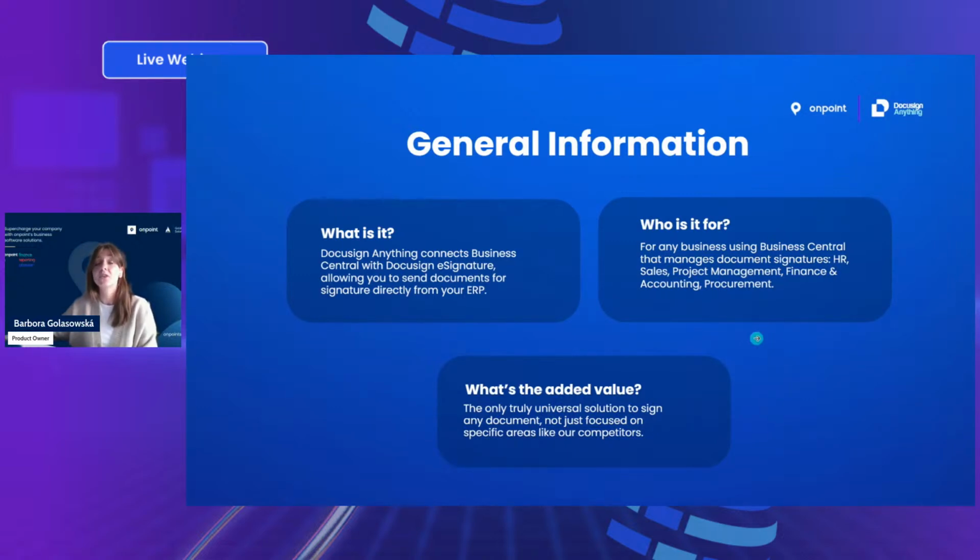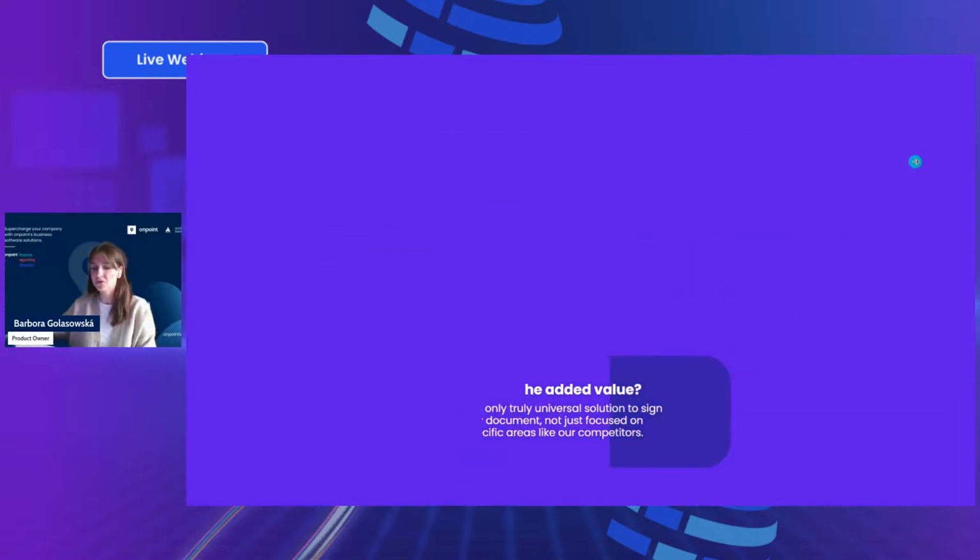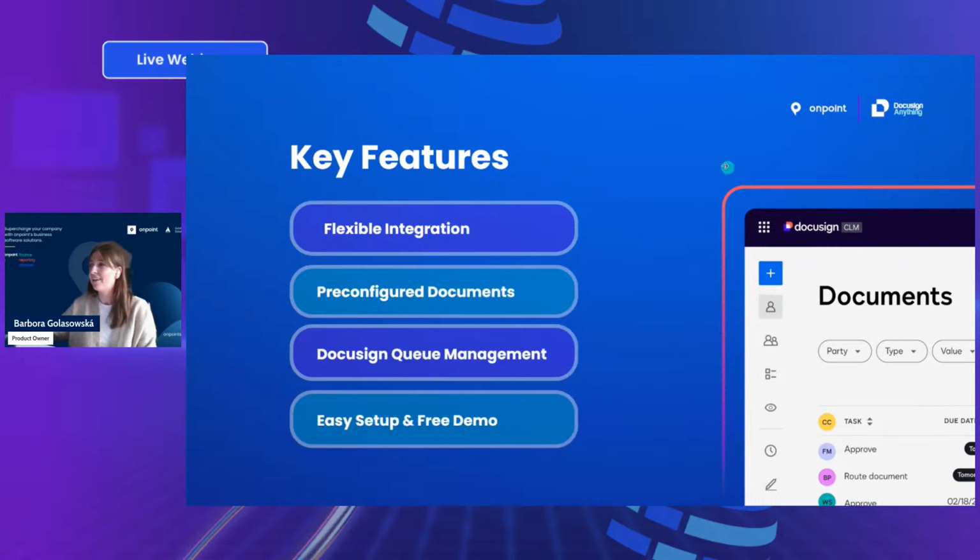With Docusign Anything, you can sign any report you like. The report just needs to contain the fields with the name and email address of the signer.